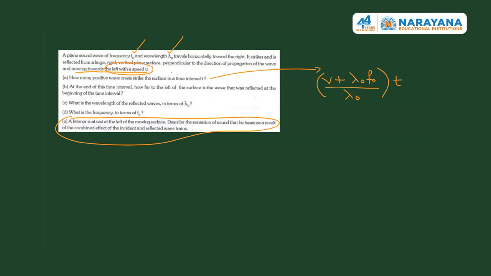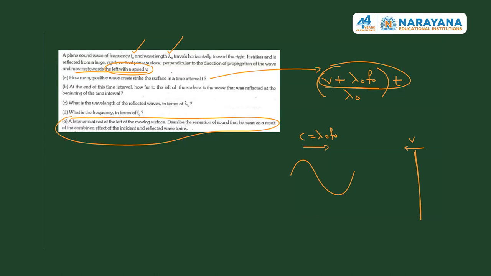Because ultimately I am looking into the distance, right? If this wall himself is traveling at v, and that signal is traveling at a speed of c, and c is lambda naught f naught, so relatively the distance that we have traveled in t time is this. This is the relative velocity, v plus c, into t, the distance.